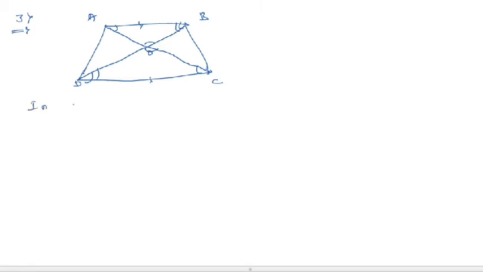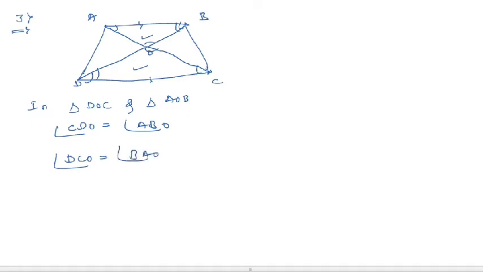In triangle DOC, meaning this triangle, and triangle AOB, meaning this triangle: angle CDO is equal to angle ABO, angle DCO is equal to angle BAO, angle DOC is equal to angle BOA.